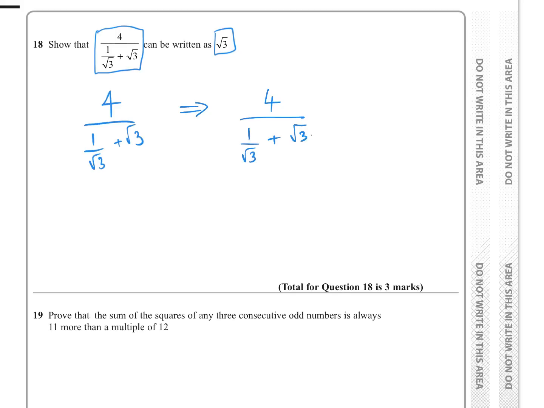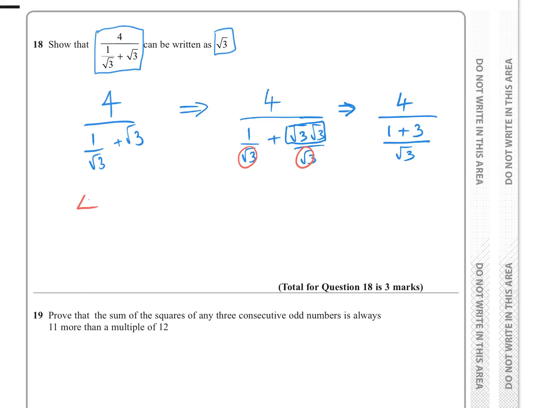So times top and bottom by root 3 here, and that would give me 4 all divided by 1 plus, well, root 3 times root 3 is just 3 all over root 3, because that's my common element here.